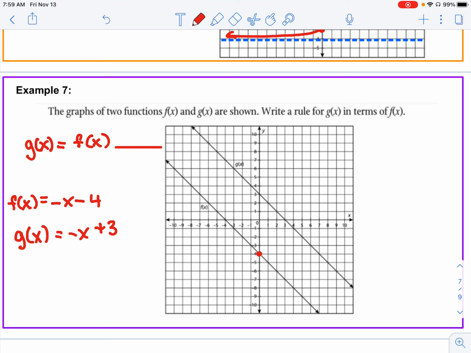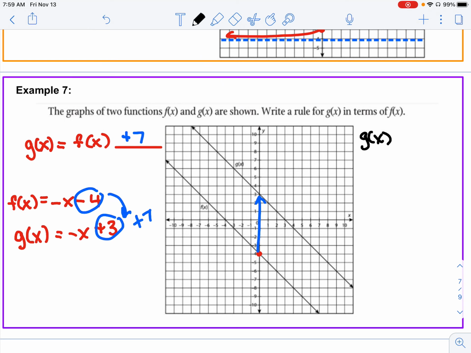So how did I get from -4 to 3? Well, I had to add 7. And if you look at the graph, I'm going to go up 1, 2, 3, 4, 5, 6, 7. So that tells me that my rule is g of x equals f of x plus 7.